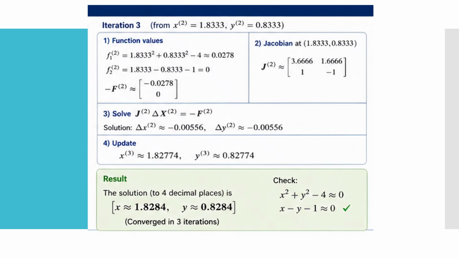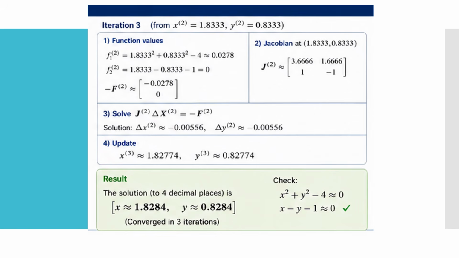If we proceed to a third iteration, we have the values of x and y obtained from the second iteration. Again, we'll go for evaluation of the function by using the values obtained in the second iteration. So it becomes 0.027 and 0. Again, the Jacobian matrix at the second iteration is 3.67, 1.67, 1, minus 1.